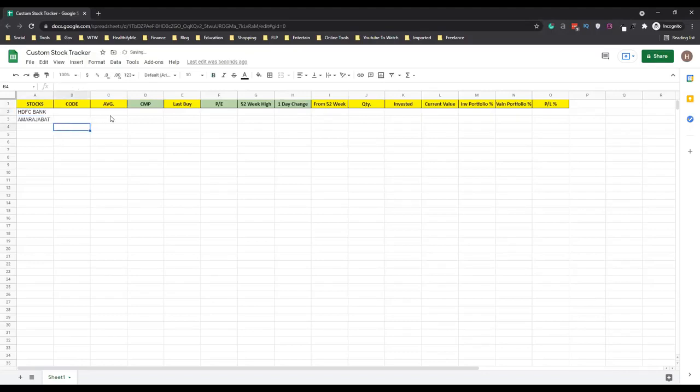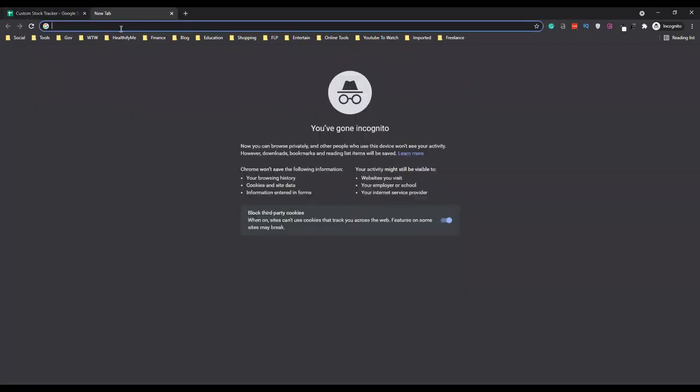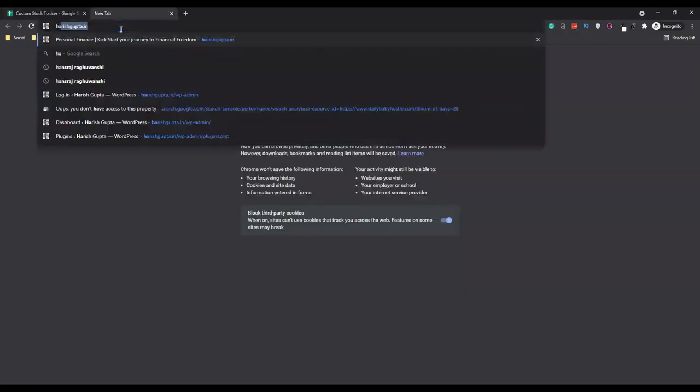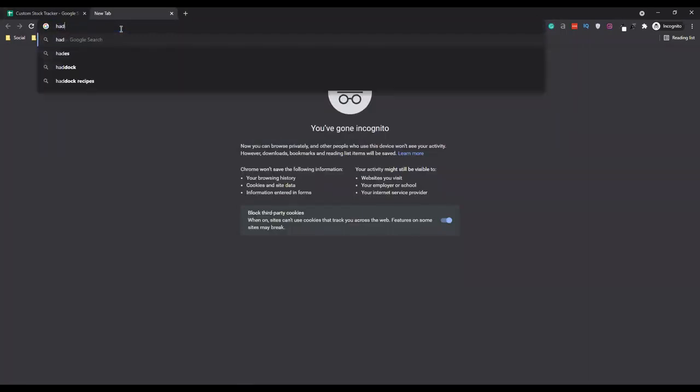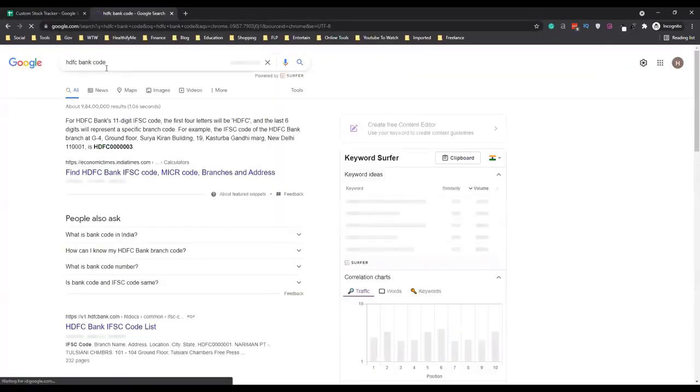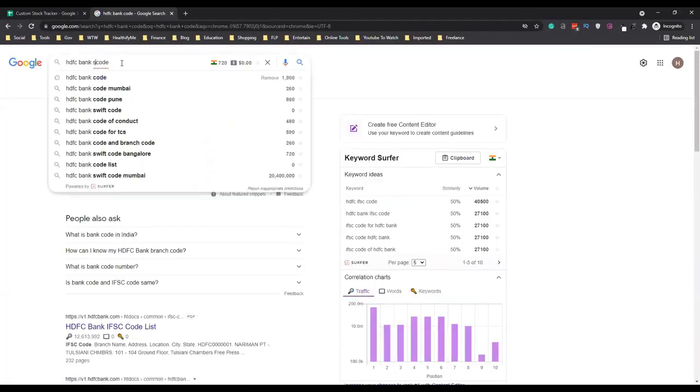Now, to get values from Google Finance, we cannot directly use the stock's name. We have to use the stock's code, and to get this code, we can go to Google and just search HDFC Bank stock code.